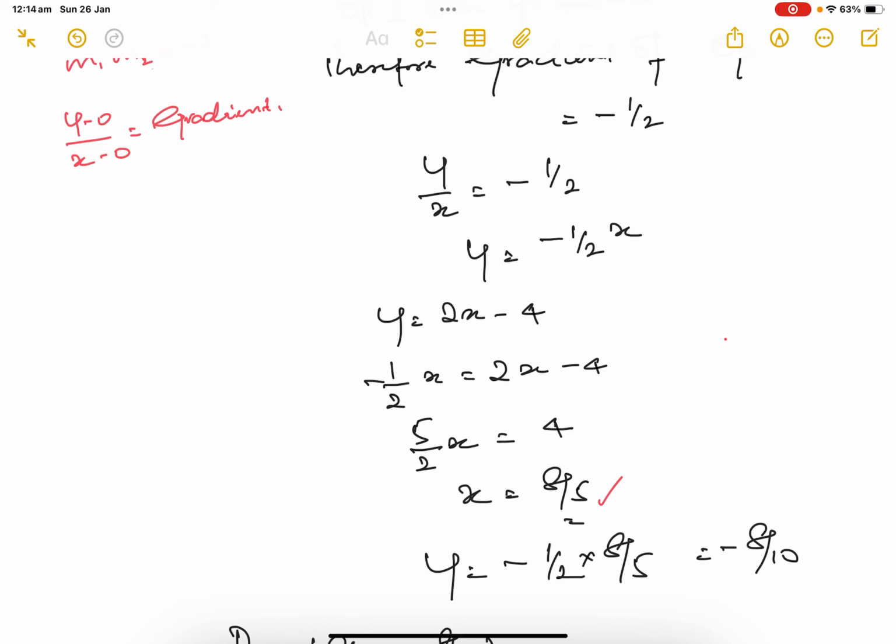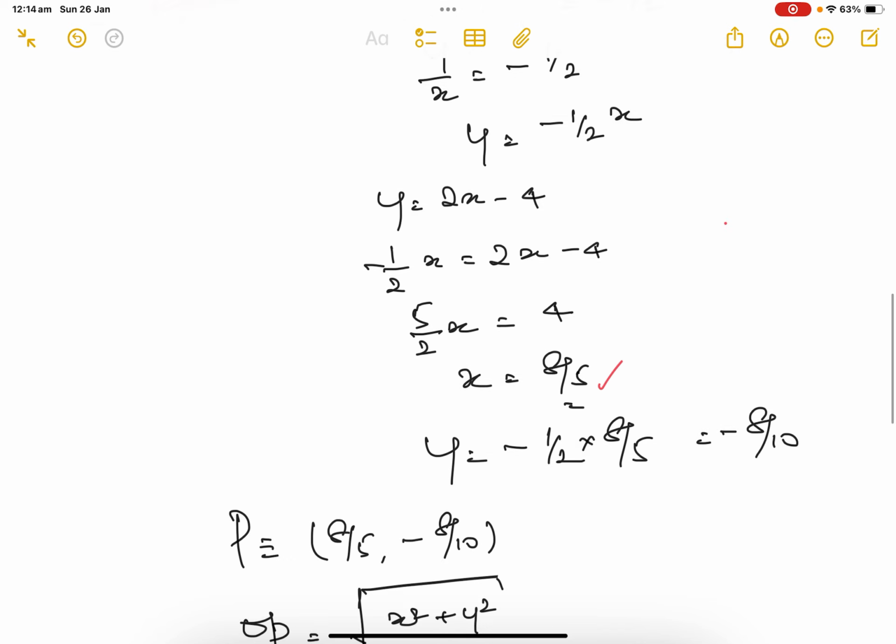So the point P, x, y, is on y equals 2x minus 4. Therefore, y equals minus half x will satisfy that equation. So we can substitute y equals minus half x into y equals 2x minus 4. So minus half x equals 2x minus 4. Then if we separate x to one side, that will be 2.5x, or 5 over 2 x, equals 4.